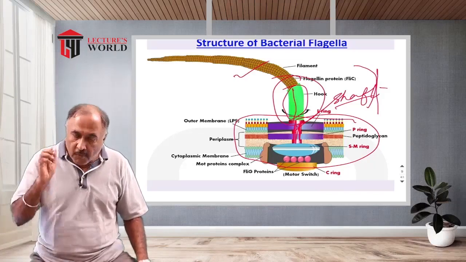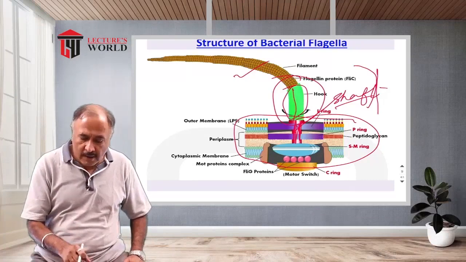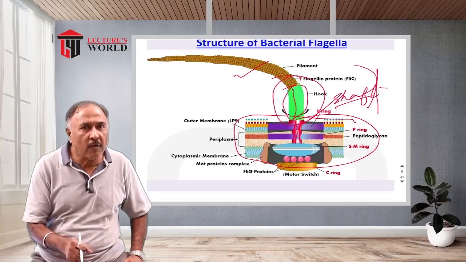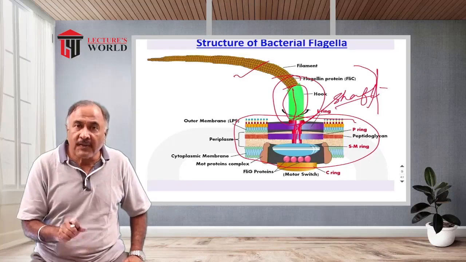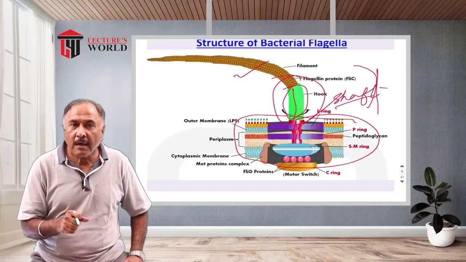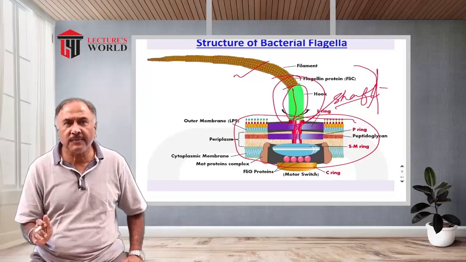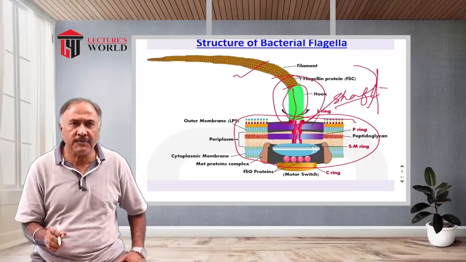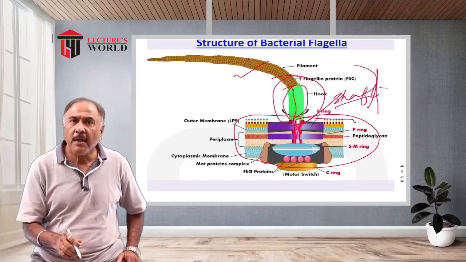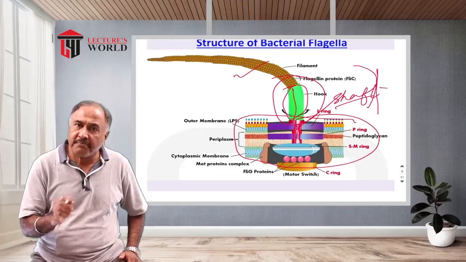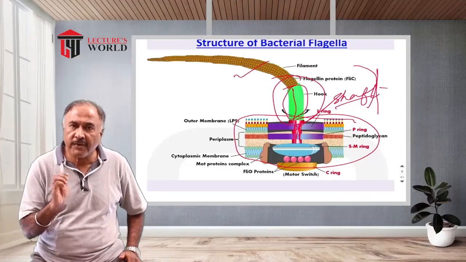In this way, the basal body which is embedded in the cell wall and cell membrane, the cell membrane imparts energy. How it imparts is a different mechanism. There are different things which we are not going to discuss at present, but it imparts energy, and this energy propels the shaft. It rotates the shaft.